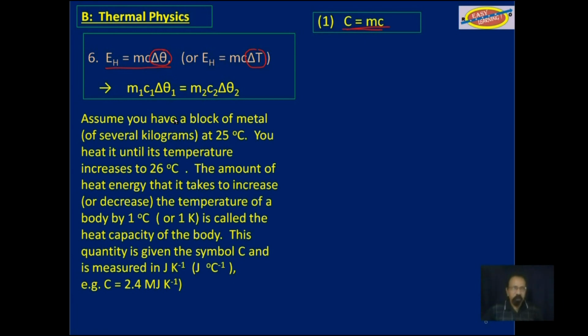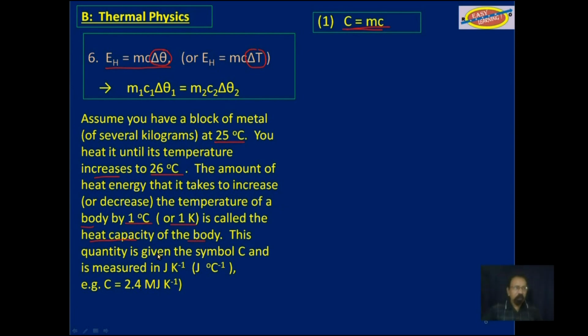Now assume that you have a block of metal of several kilograms at 25 degrees Celsius. You heat it until its temperature increases to 26 degrees Celsius. The amount of heat energy that it takes to increase or decrease the temperature of a body by 1 degree Celsius or 1 degree Kelvin is called the heat capacity of the body.